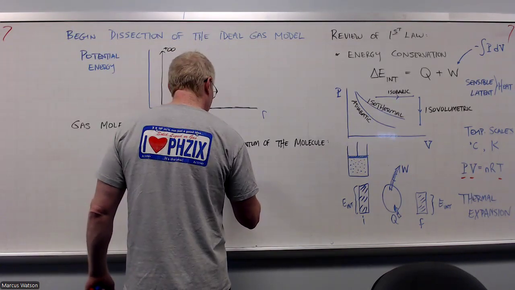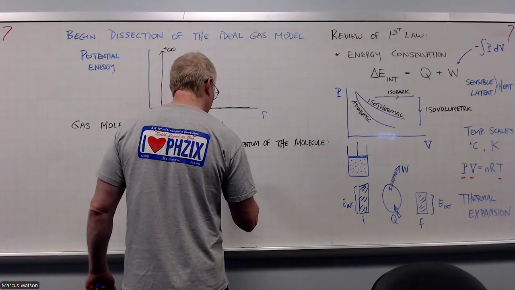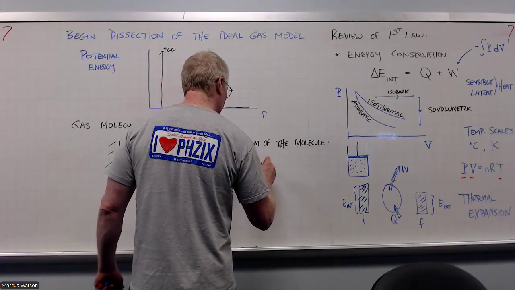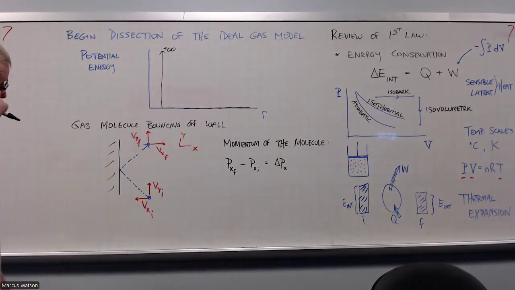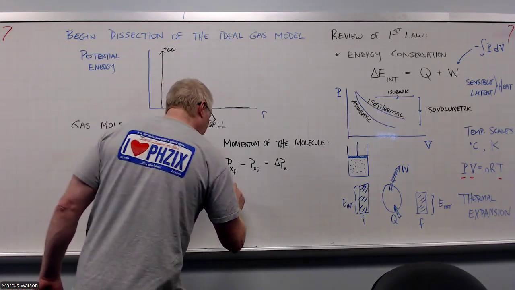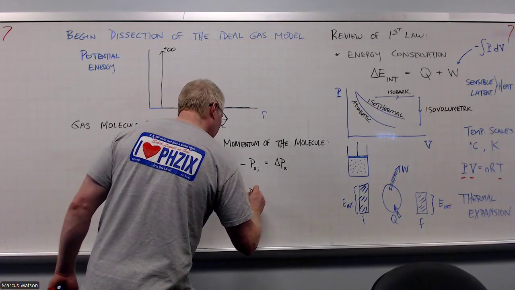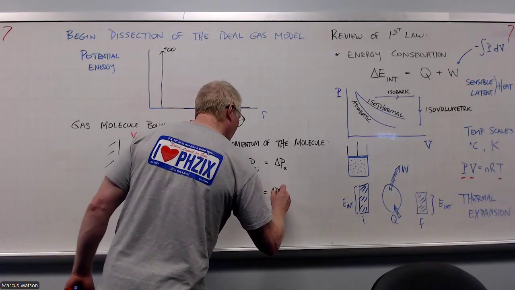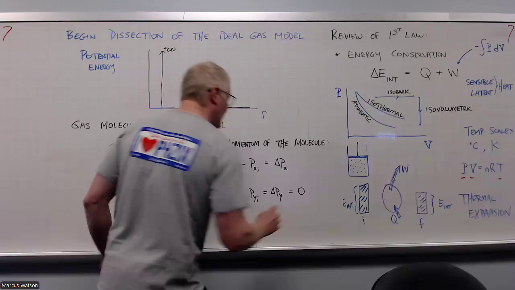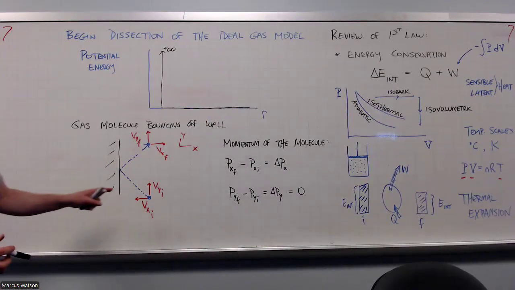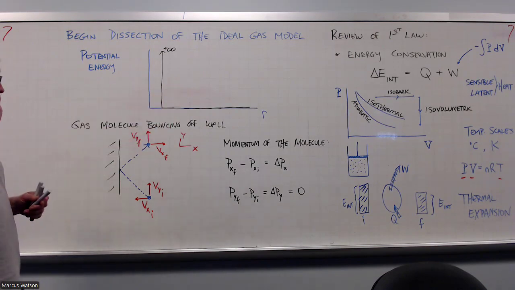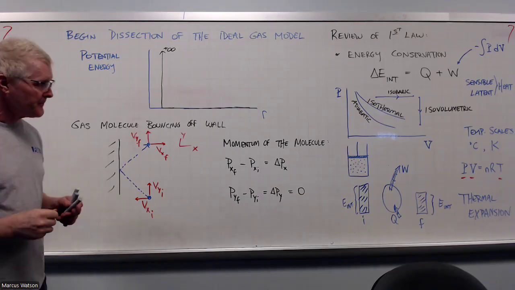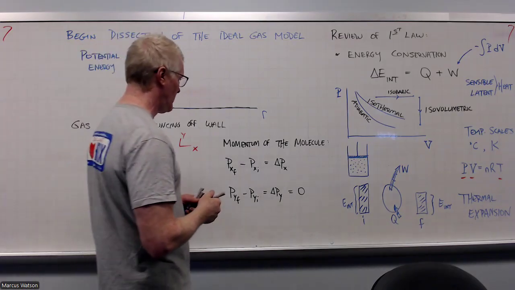So Px final minus Px initial is delta Px. And in the Y, Py final minus Py initial is delta Py, but it looks to me like that's going to be 0 in this case. The particle came, hit, and bounced off and went that way, so the initial Y momentum and the final Y momentum are equal.